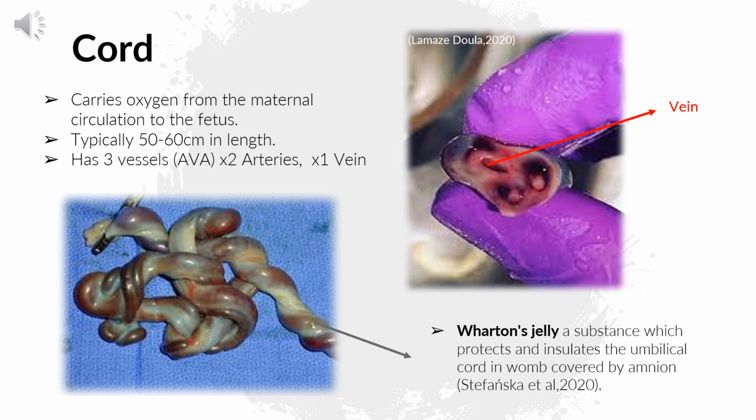As you can see on the image on the right, I have labelled it as red to signify oxygenated blood. It's the largest vessel out of the 3, as it works a lot harder by pumping oxygenated blood into the fetus. Then we have 2 other vessels known as the arteries.